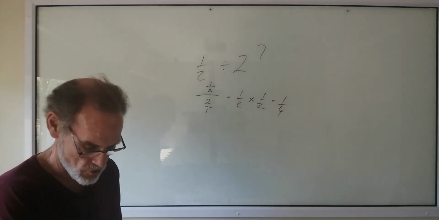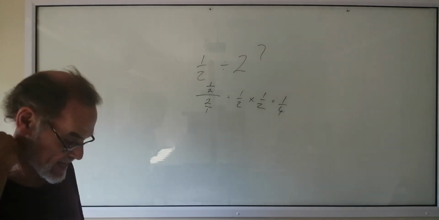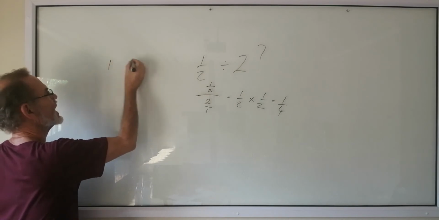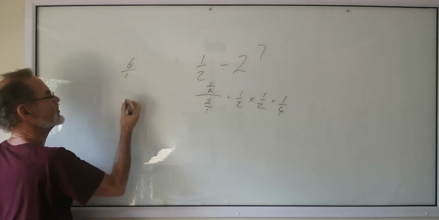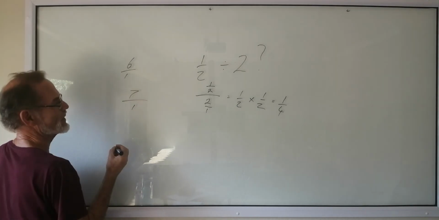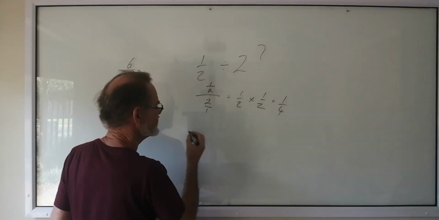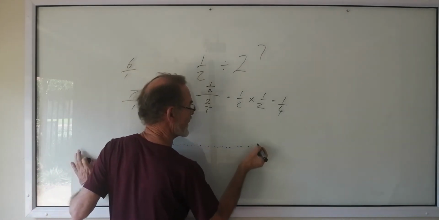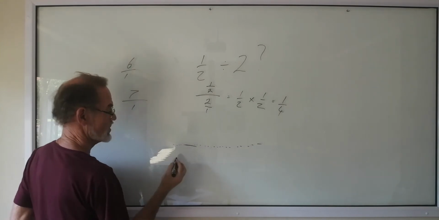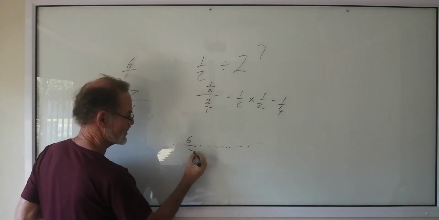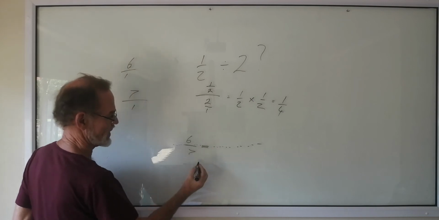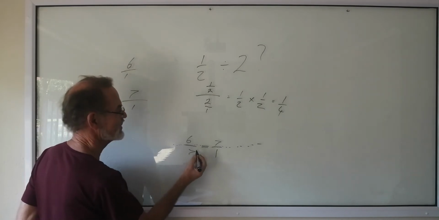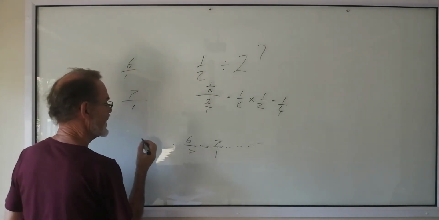This method always works, and you just have to realize that all your whole numbers can actually be written as the whole number over 1. It's very important to keep an imaginary line in the middle of your working, so that your fractions have a top and a bottom, and your equal signs go there.